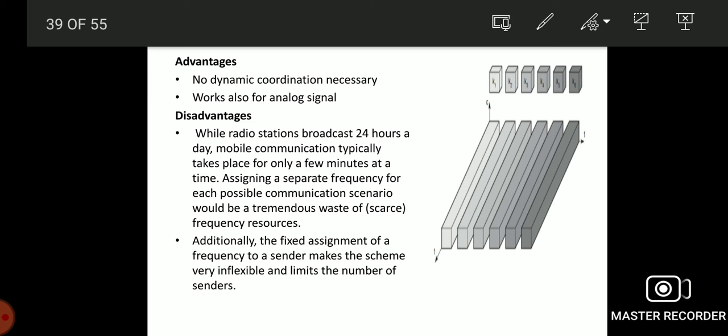Assigning a separate frequency for each possible communication scenario would be a tremendous waste of frequency resources. Additionally, the fixed assignment of a frequency to a sender makes the scheme very inflexible and limits the number of senders.